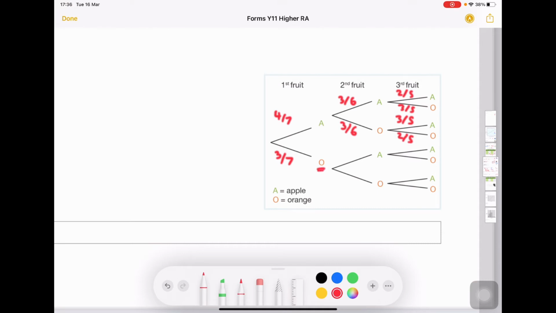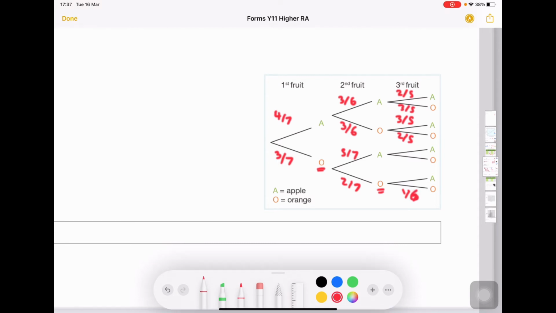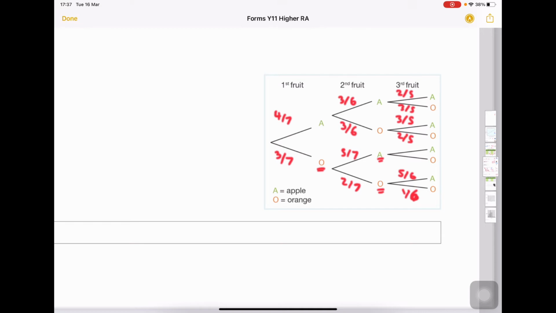So for here, we're taking an orange away, so we have 2 over 7 here, and 5 over 7 here. Taking an orange away, we have 1 over 7. Oh no, 1 over 6, 5 over 6. If we take an apple away, then we're going to get 4 over 6 and 2 over 6.